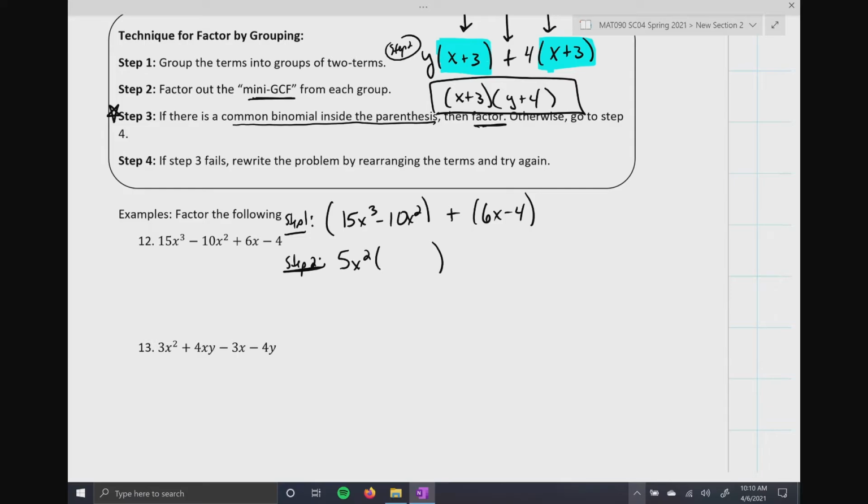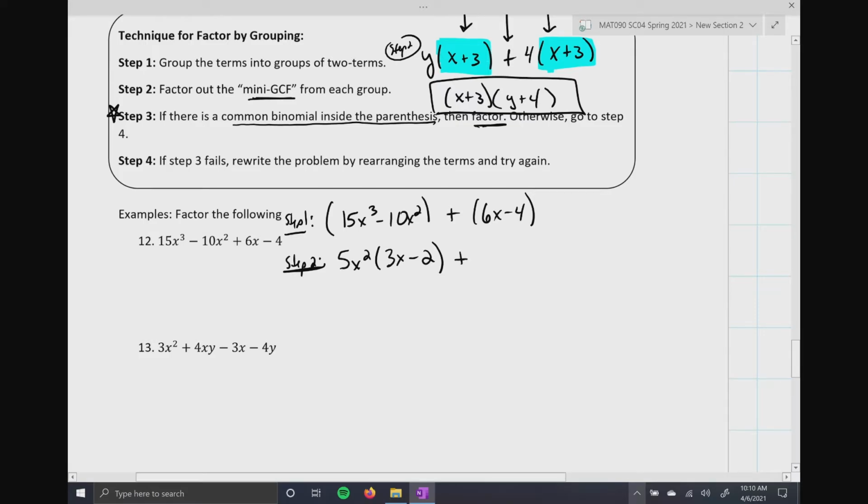So what's left over? (3x minus 2). Remember, you're dividing by 5x squared. So 15 divided by 5 is 3. X to the third divided by x to the second is x. Negative 10 divided by 5 is negative 2. X to the second divided by x to the second is 1.